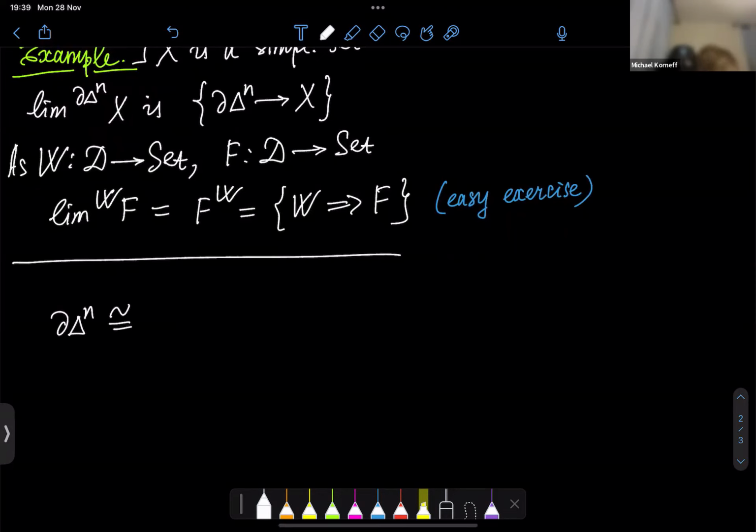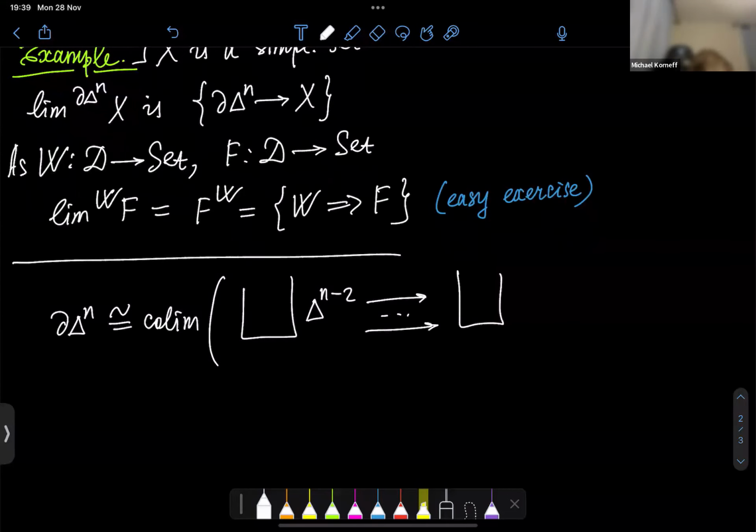The boundary of the n simplex is just a colimit of the following diagram. It means that we take n-1 simplices and we glue them together along n-2 simplices in an appropriate way.